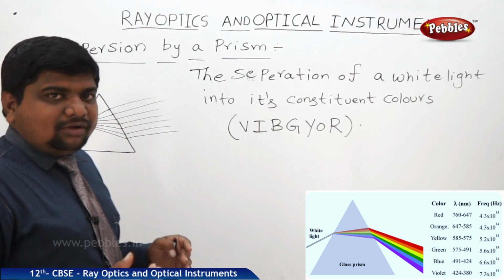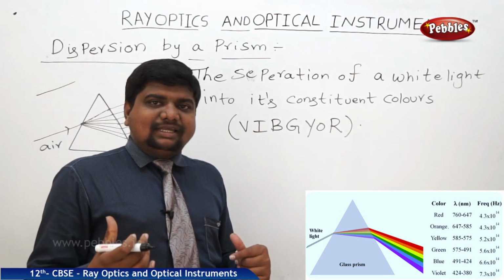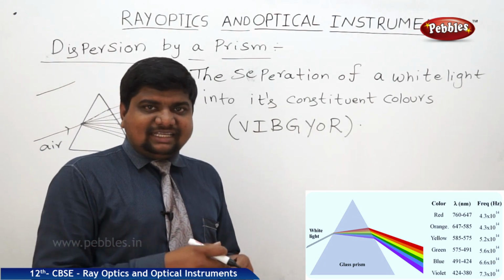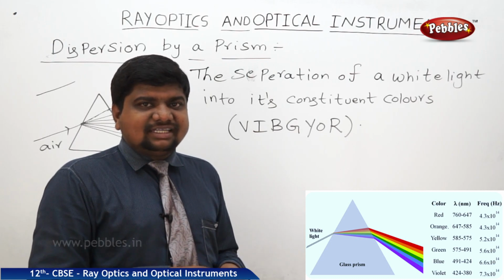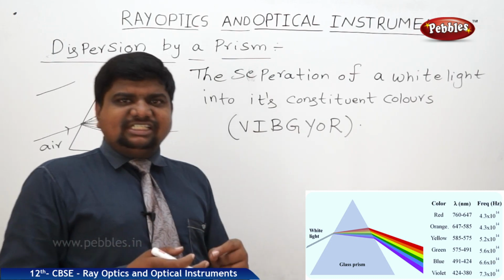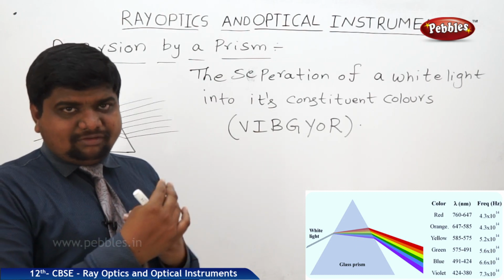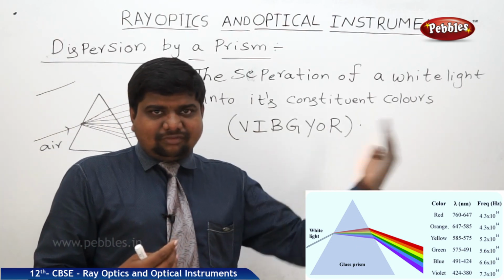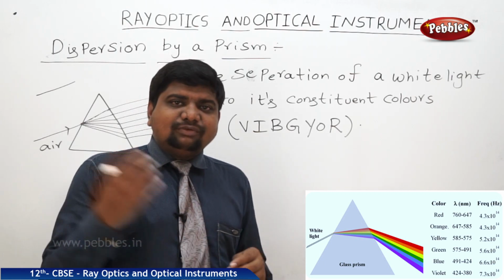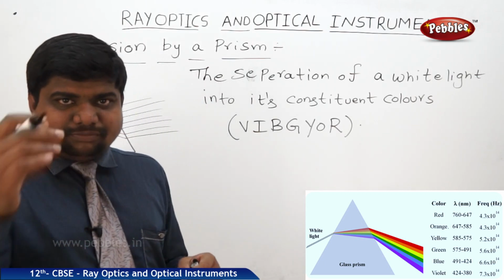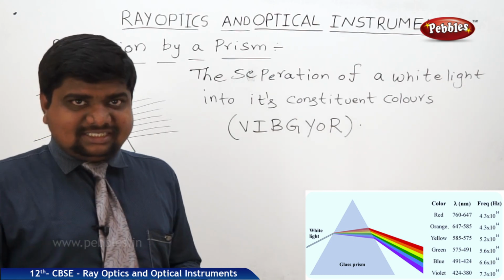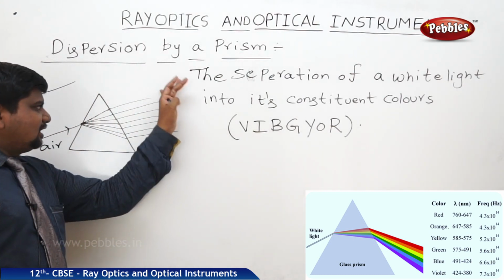Like 7 athletes participating in an athletic race. If they are moving with the same velocity, it is very difficult to distinguish their positions. But if they are following one another, one person is ahead and the second person is next to him, then we can observe that one person is moving fast, he may come first, like that.